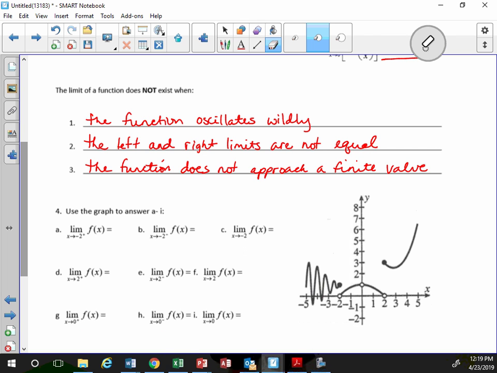The three ways that it will not exist: if it oscillates wildly, if the left and right limits are not equal, and if it doesn't approach a finite value, so those are the ones that go up to infinity. When it oscillates, it's not really approaching a specific value because it's bouncing back and forth so much, so you can't consider that to be a limit that exists.